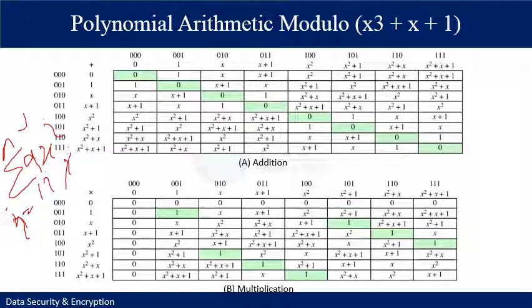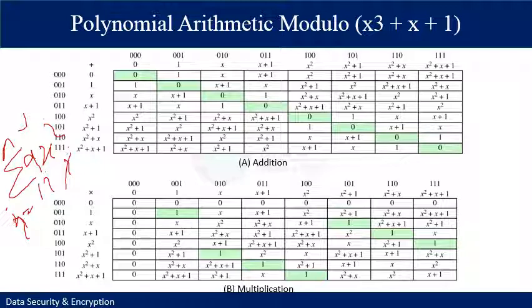So there are a total of p raised to the power n different polynomials in S. So for the case where p is equal to 3 and n is equal to 2, the total number of polynomials will be 3 raised to the power 2, that is equal to 9. And those polynomials will be referred to as 0, 1, 2, x, x plus 1, x plus 2, 2x, 2x plus 1, 2x plus 2.